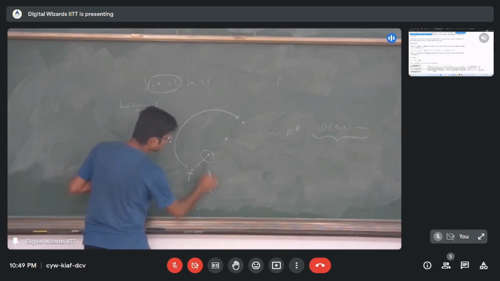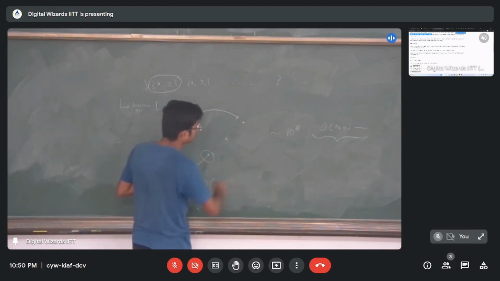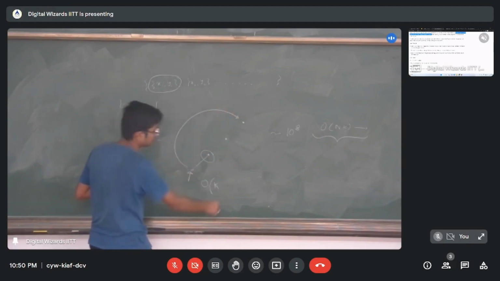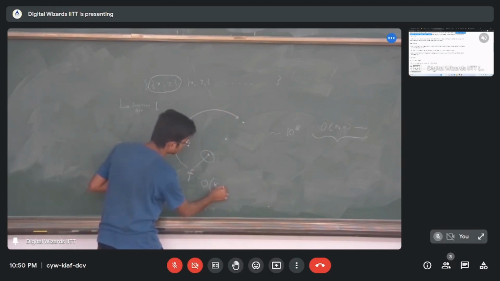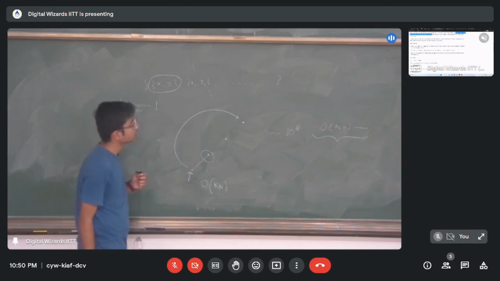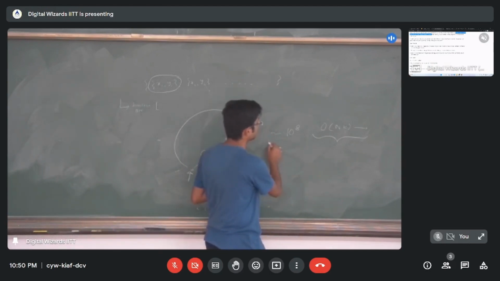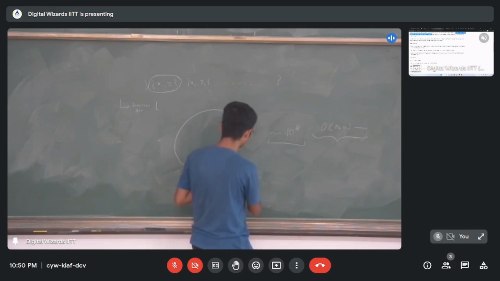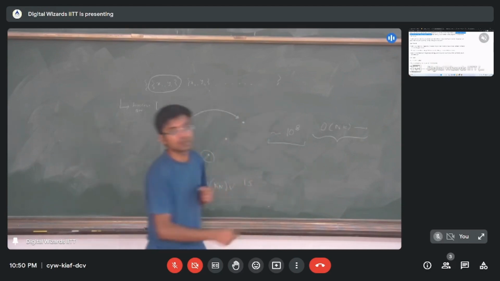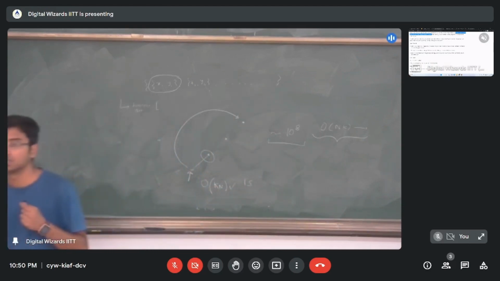For each character in the string, you need to traverse the whole list of pairs of integers. So it's O of kn. So possibly, if the constraints are low enough, it should have passed the 1 second time barrier. Although if it was a 0.2 second barrier, then you couldn't have passed it.